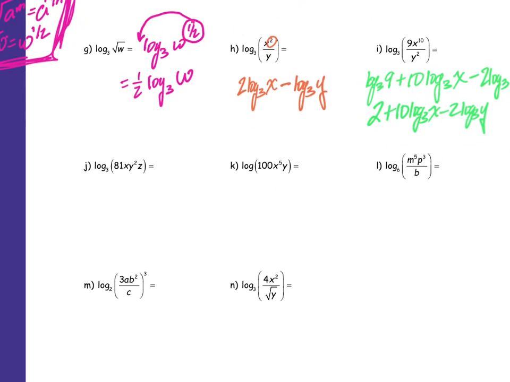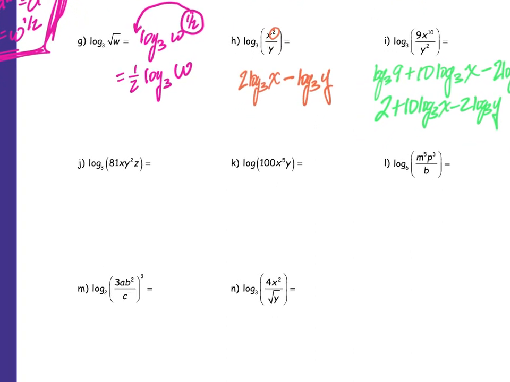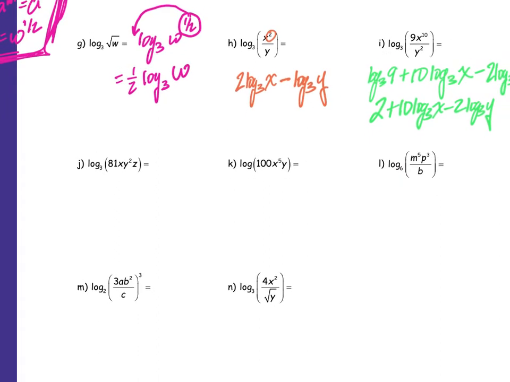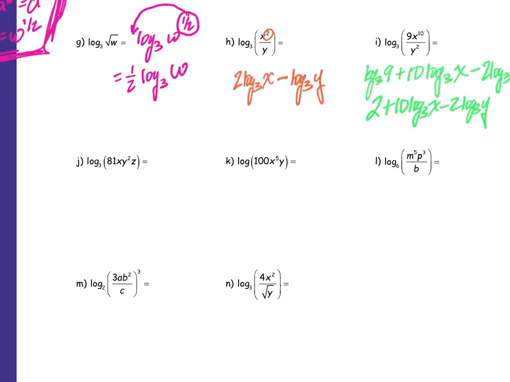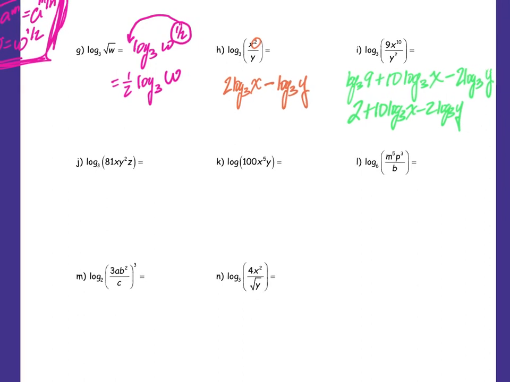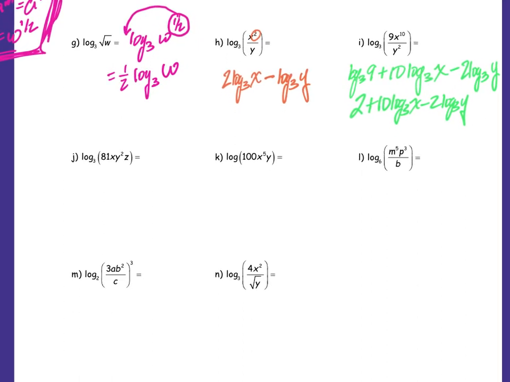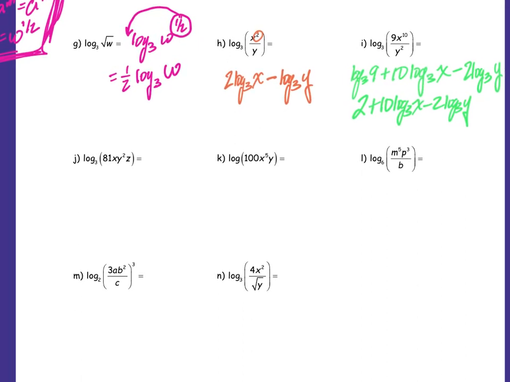So let us do J, K, and L. Put your answers in the chat box. Don't do M and N yet. Okay, so on J, there are 4 things multiplied together: the 81, the x, the y squared, and the z.